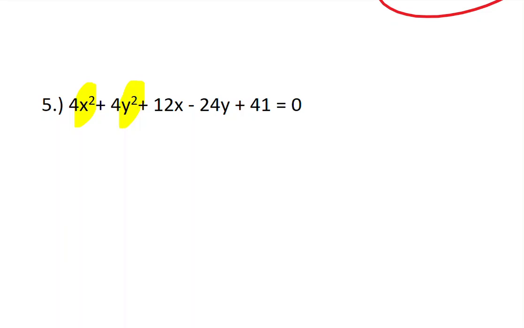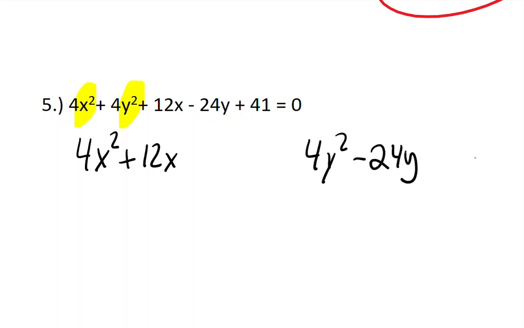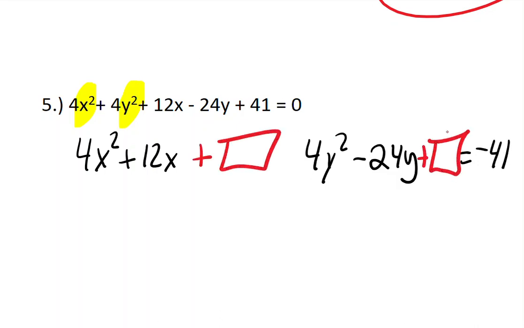All right, so we're going to regroup these as 4x squared plus 12x, and then 4y squared minus 24y, and it equals negative 41. All right, so I'm going to be adding something here, and something here, but here's the difference. And we saw this in completing the square before, so we just got to remember. This has a coefficient in front of the x squared, right?